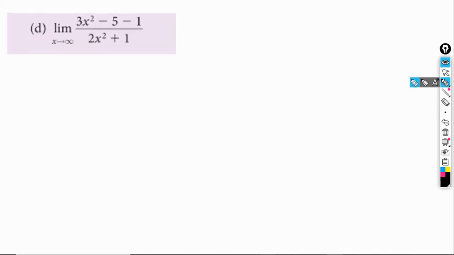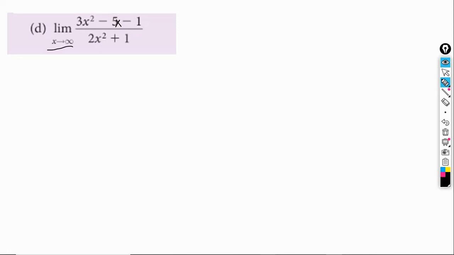So here we are now on question D, and they ask us to find the limit as x approaches infinity of the function 3x squared minus 5x minus 1 over 2x squared plus 1. I think they're missing an x here. Now, I don't know if you guys recall, but when we were doing horizontal asymptotes for graphing, I told you guys that if we use limits to infinity, we could find the horizontal asymptotes of these rational functions.